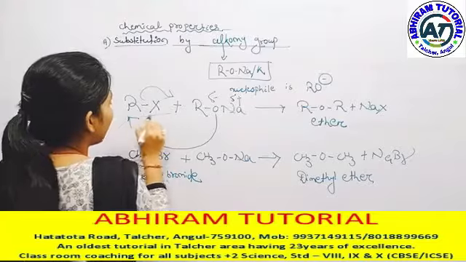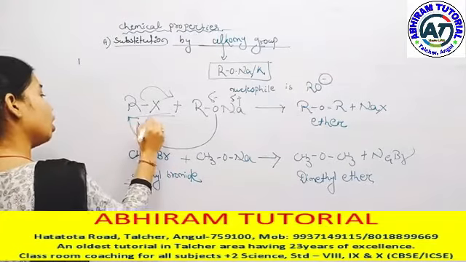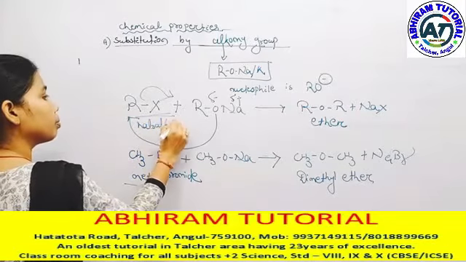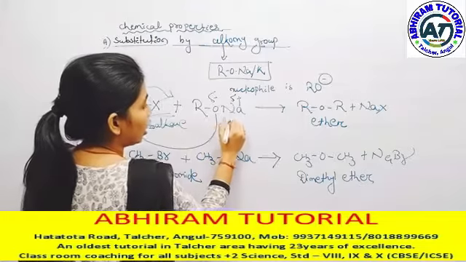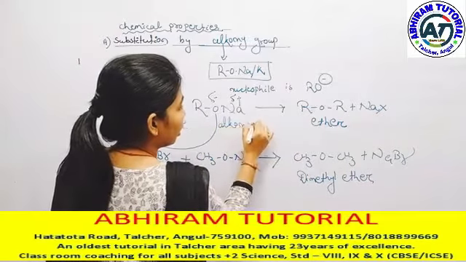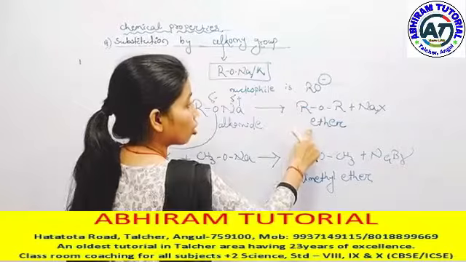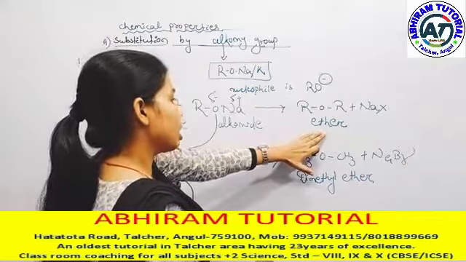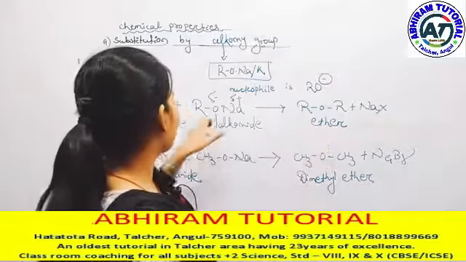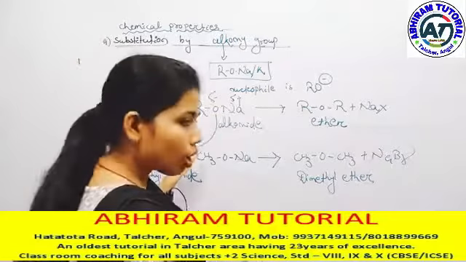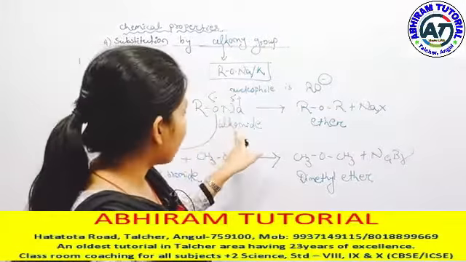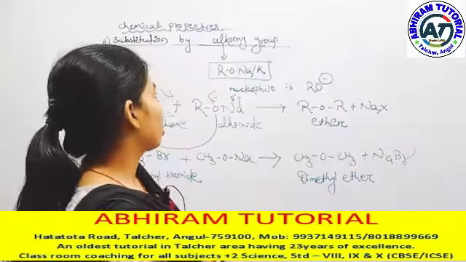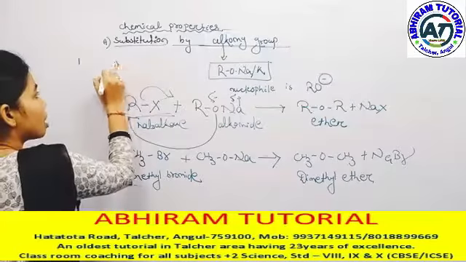So when haloalkane reacts with alkoxide, it gives us ether. The question is asked: how do we get ether from haloalkane? When haloalkane reacts with alkoxide, it gives ether. That is our first method.